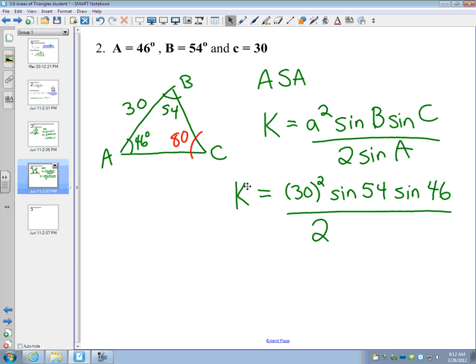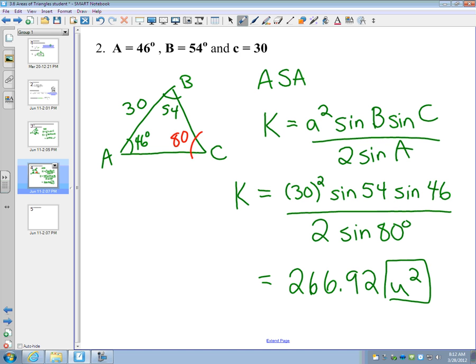So we're going to put 2 sine 80. When we put that in our calculator, we get 266.92 units squared. And this is area, so that's why I have units squared. Again, a good idea to pause your video and double check you can get this answer with your calculator.